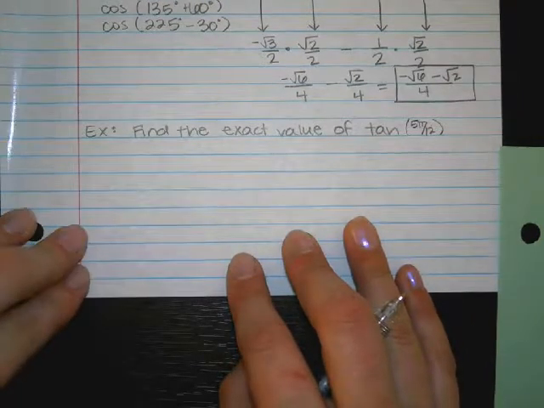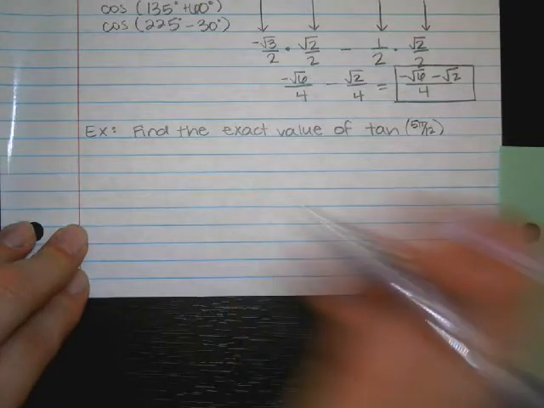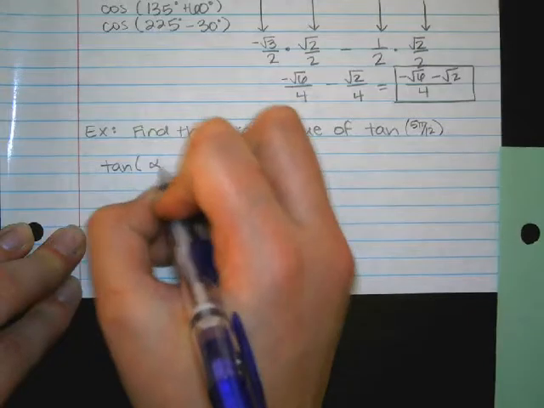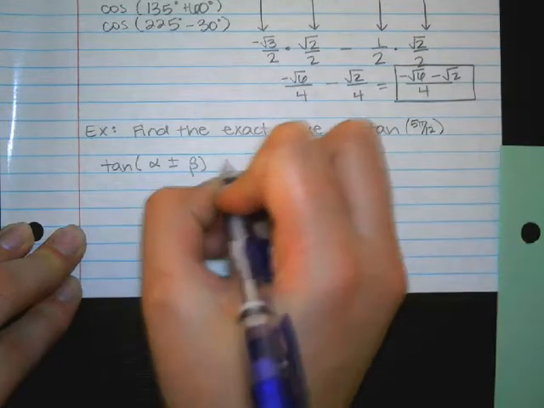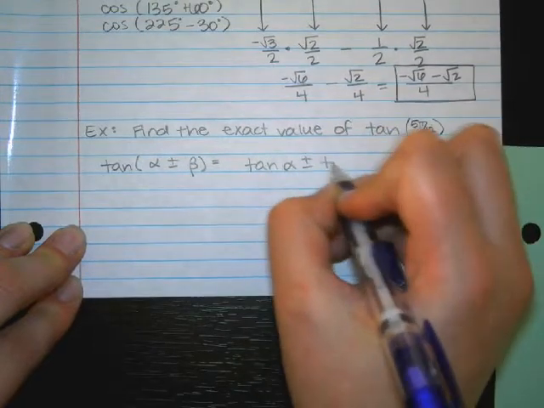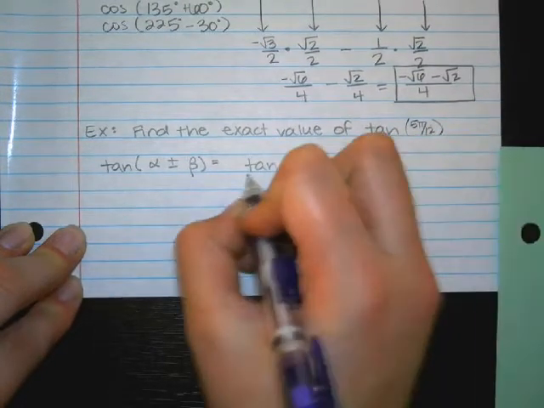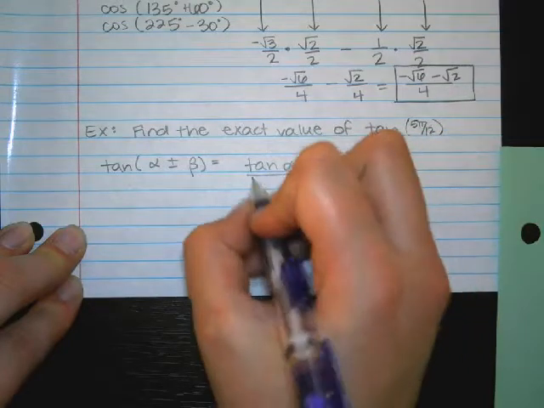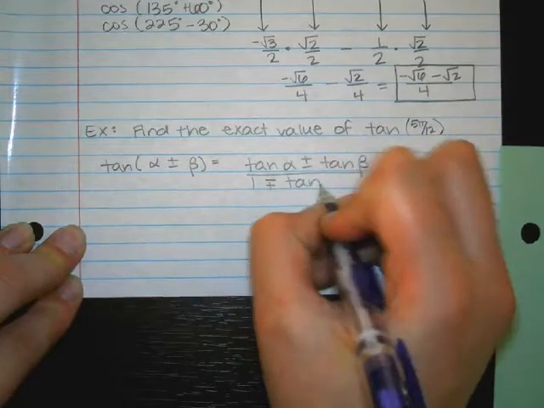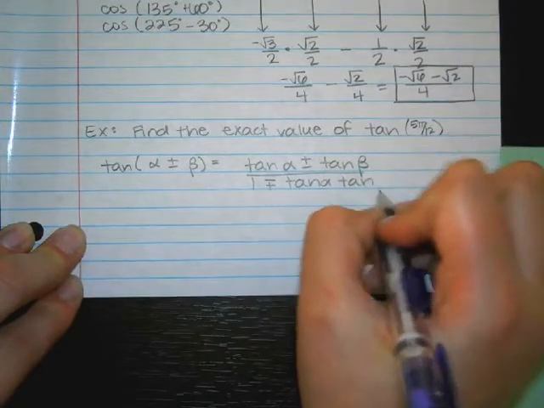Okay, so I'm going to go ahead and write down the tan formula. That is tan of alpha plus or minus beta is tan of alpha plus or minus tan of beta divided by 1 minus or plus tan alpha tan beta.